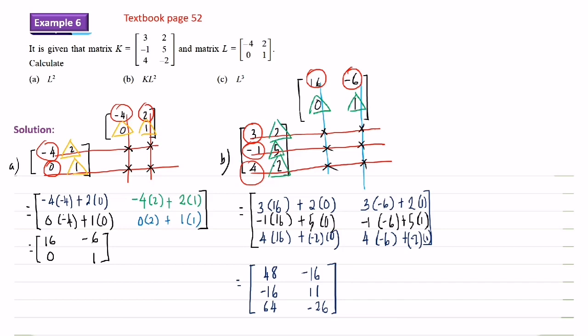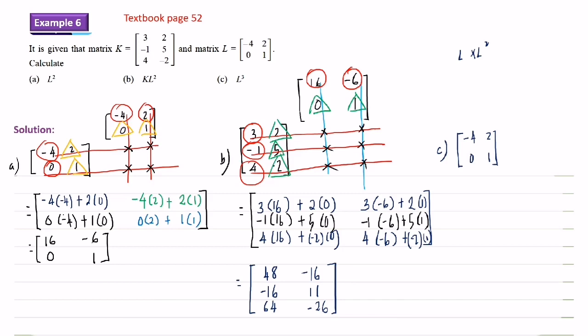Okay, so now C. The question is L cube. So L cube means L squared times L or L times L squared, up to you. Okay, if I do L times L squared. So L is negative 4, 2, 0, 1.